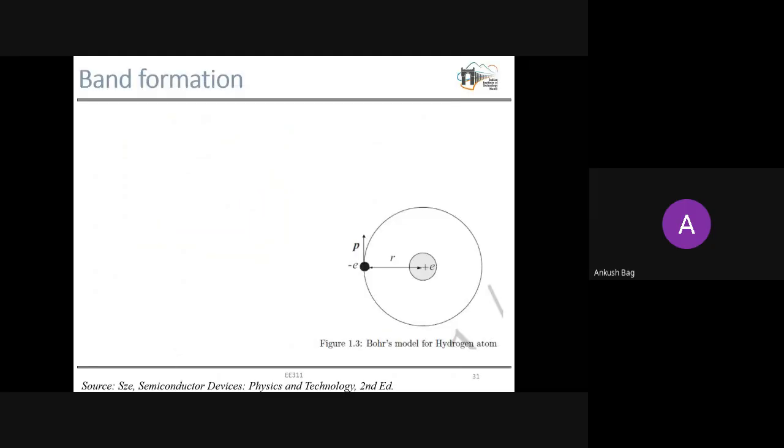So now we'll start the band structure or band model. We'll see how the bands are forming in the semiconductor. So once again our objective is this, R equals rho L by A, the simple resistance formula.